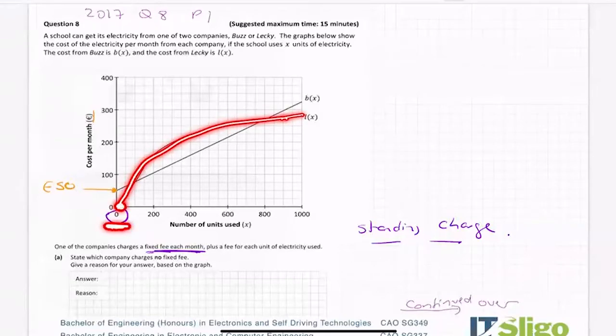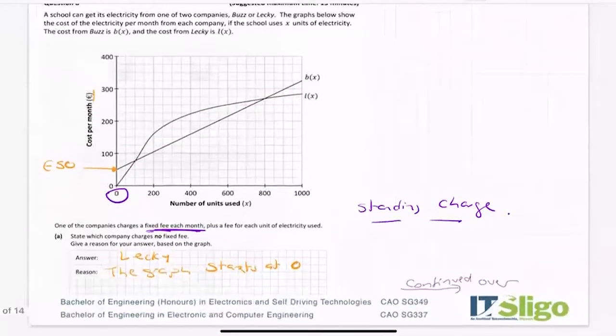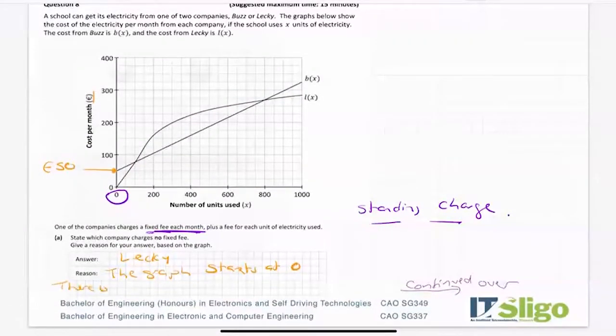So if I use no units or no data with Lecky, I don't get a charge. So the company which charges no fixed fee is L of x, so Lecky. Reason: the graph starts at 0, or there is no charge for 0 units used.